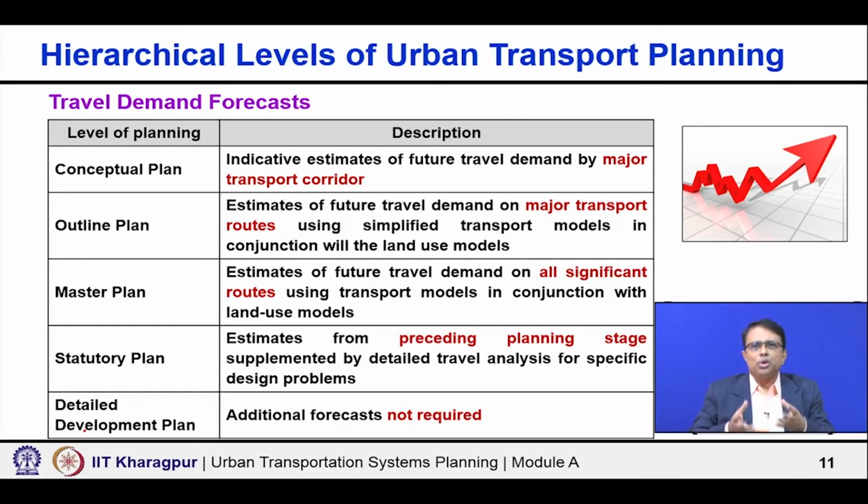What is the design context and then what is the demand with that. So, demand now becomes a function of the design, or design context specific. In the detailed development plan, of course, we do not do additional traffic forecasts.